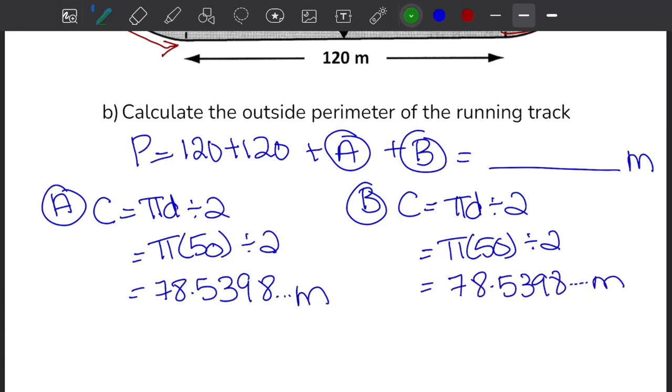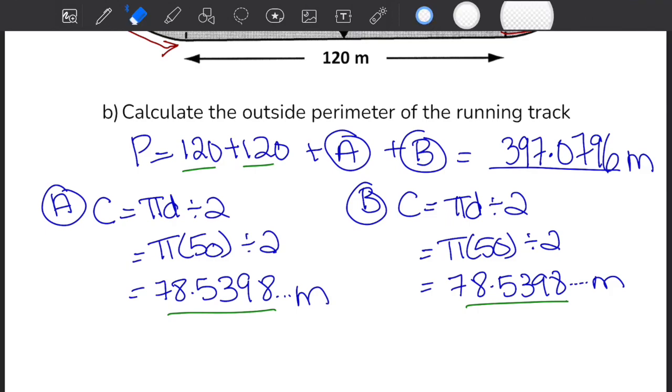Okay, so now all we have to do is add this and this and this and this together, and that will give us, give me a moment while I put this into my calculator, that will give us 397.0796. The question doesn't tell us what to round to, so I'm just going to round to the nearest whole number. So that will round down to 397 meters.